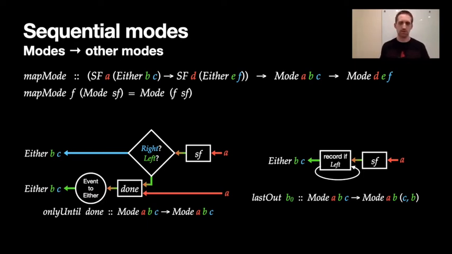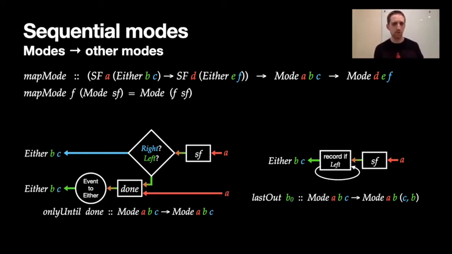We can define this operator map mode, which maps a function to the representative signal function inside a mode just by applying the function to it. This is good for defining such things as a special termination condition, like an extra termination condition for a mode.